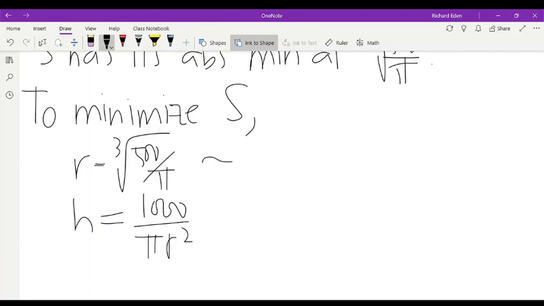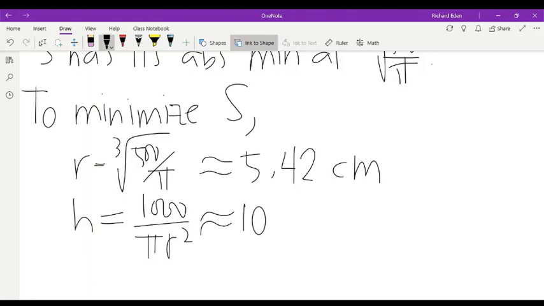Now, it is appropriate to come up with an approximation for the radius because this is a measurement, so it's just weird giving it as the cube root of 500 over pi. So you have 5.42 centimeters, and then using this r value, you could also approximate the value of h. You're going to end up with 10.84 centimeters.